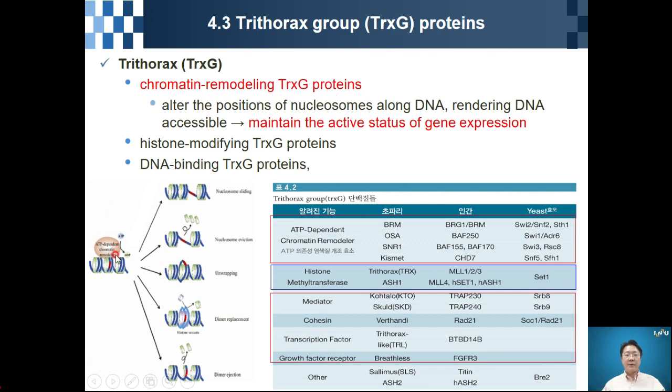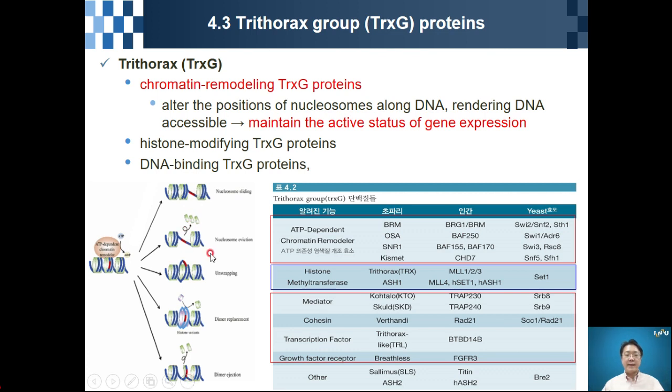A very famous example of the ATP-dependent chromatin remodeler is the SNF complex. These chromatin remodeling proteins alter the position of a nucleosome along the DNA, so it renders DNA accessible.